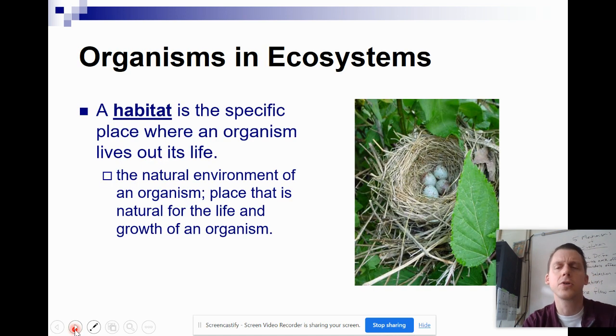There are two important terms that you also need to know. One important term is habitat. A habitat is like the address of an organism. This is where an organism lives. It could be in a tree. It could be underground. It could be in a forest, in a shallow pond, in a deeper lake, in the ocean, in a stream, in a specific type of tree. All of these places are habitats. A habitat is a place.